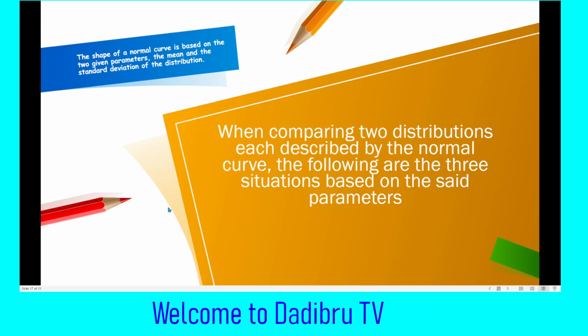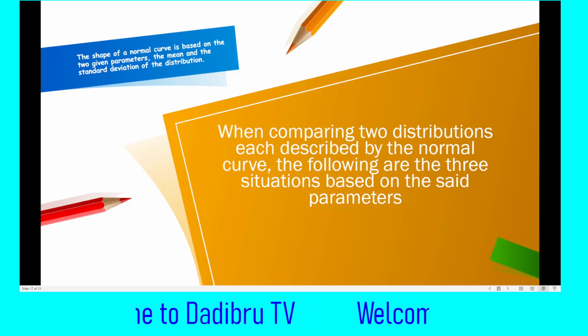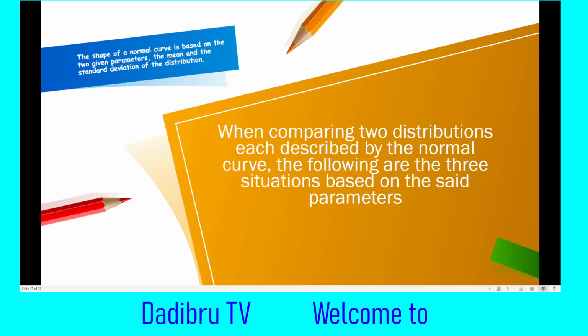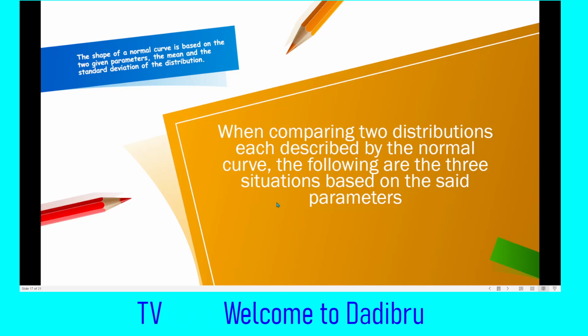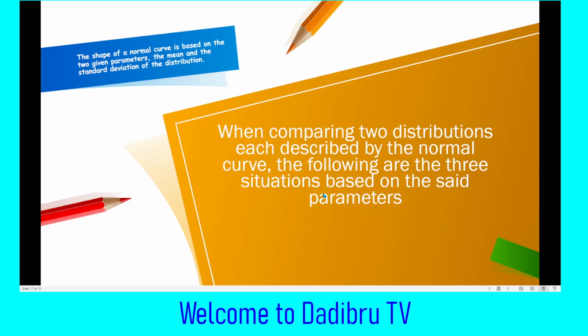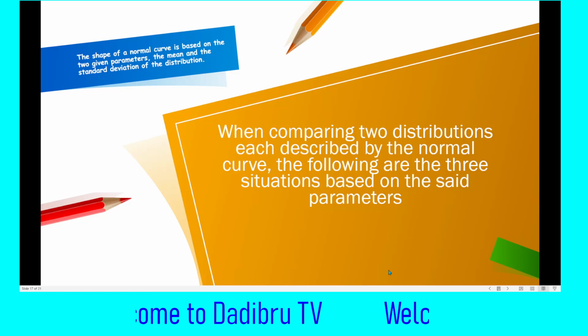The shape of a normal curve is based on two parameters, the mean and the standard deviation of the distribution. When comparing two distributions, each described by a normal curve, the following are the three situations based on the said parameters.